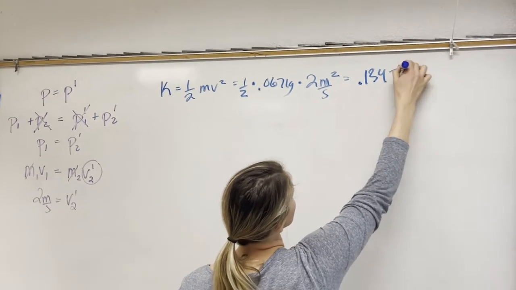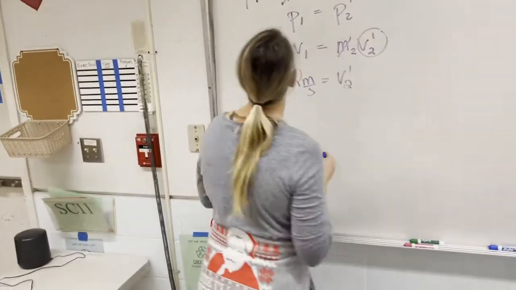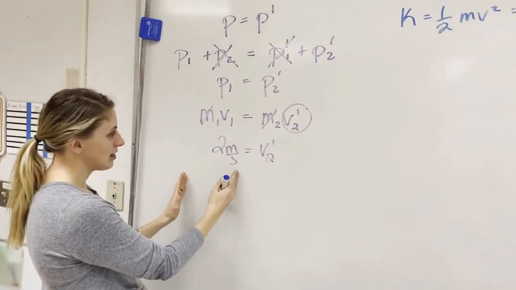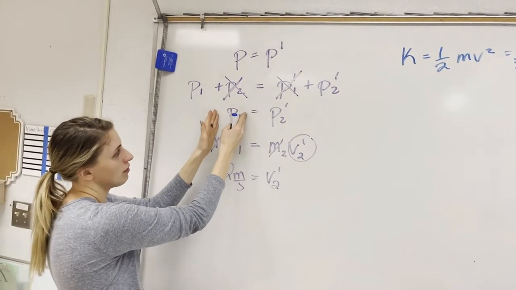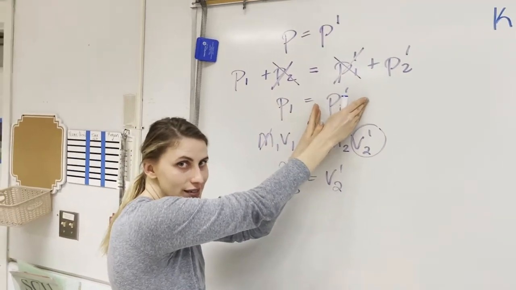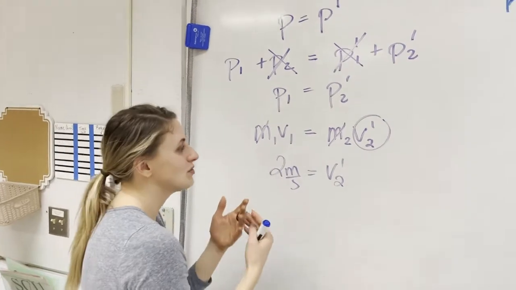0.134 joules. Now, do we have to do this again? No, the balls are identical and they're going at the same velocity before and after. Exactly. So we just calculated the kinetic energy of the ball before. Since they're going the same speed and have the same mass, we don't have to do it again.